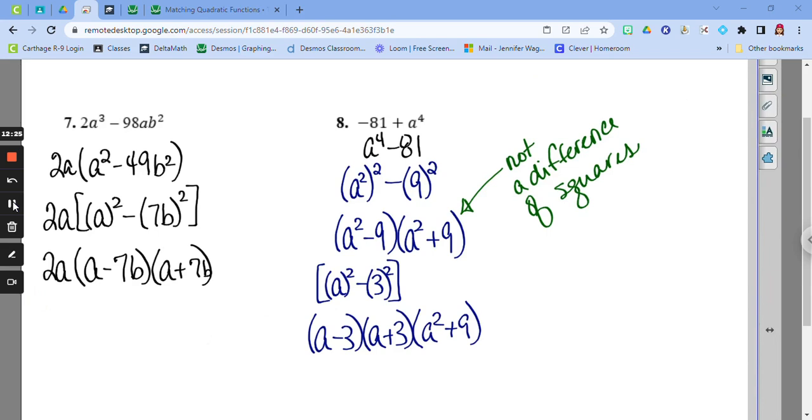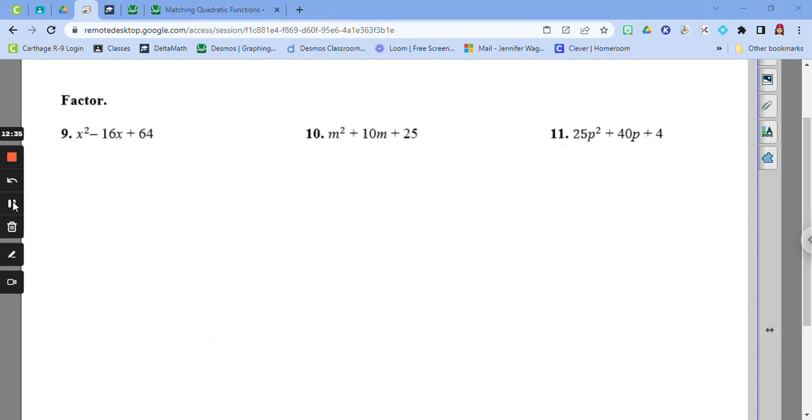So what I want you to do is factor the trinomials at the top of the next page. So we have our A is 1, our B is negative 16, and our C is 64. So A times C is 64.